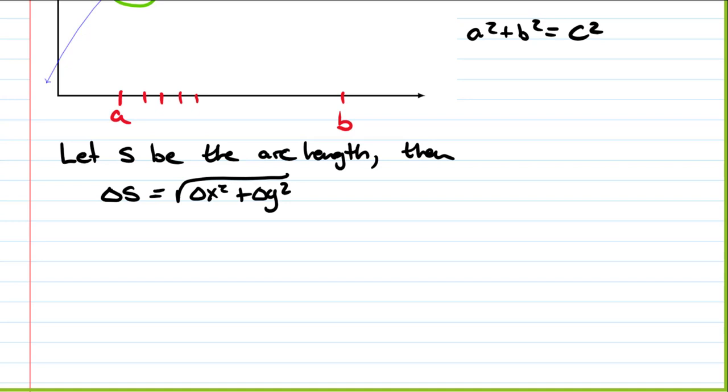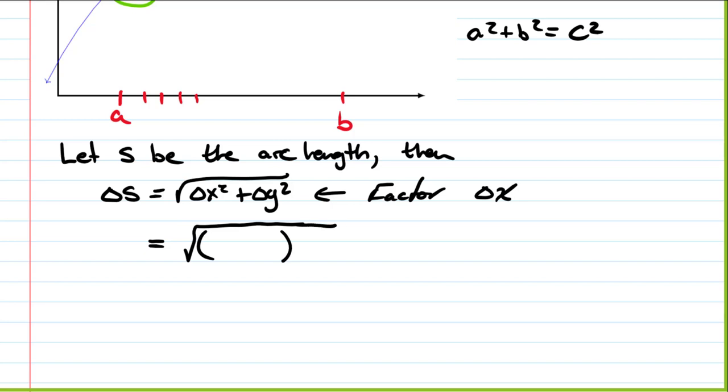So then we could look at this and let's factor this in a very creative way. So we are going to factor out a delta x squared underneath the radical.